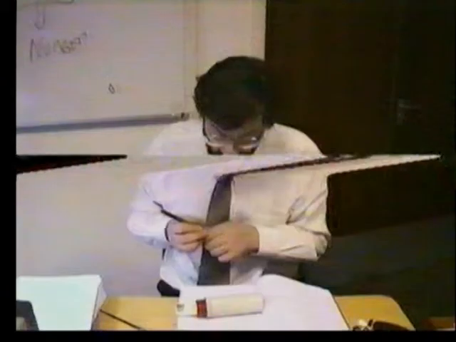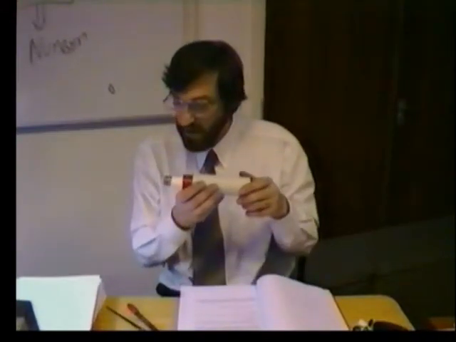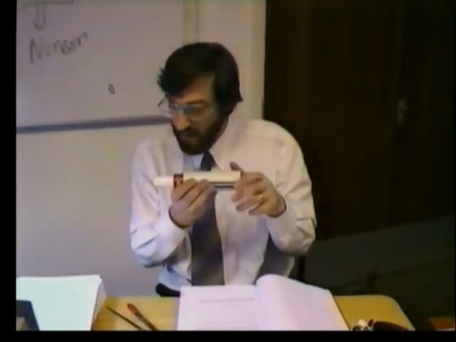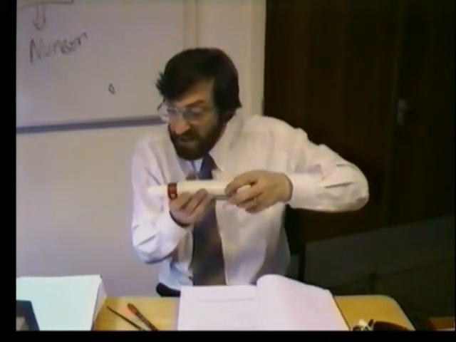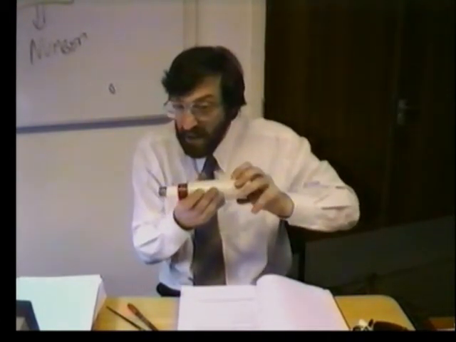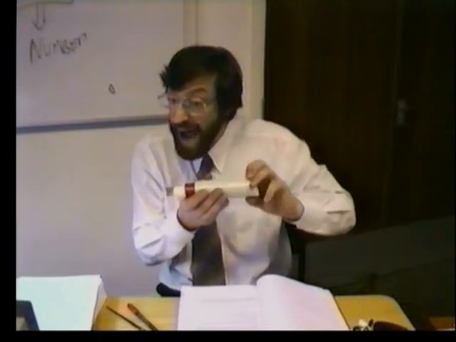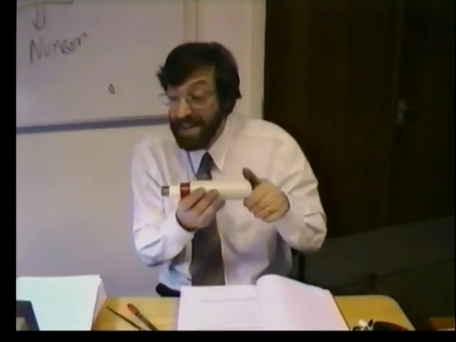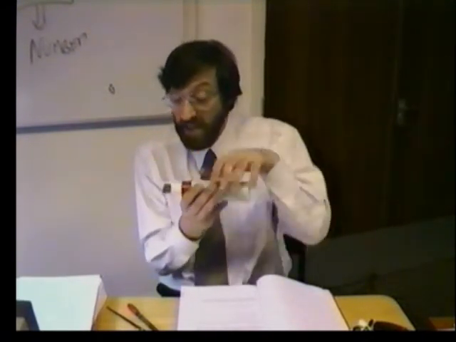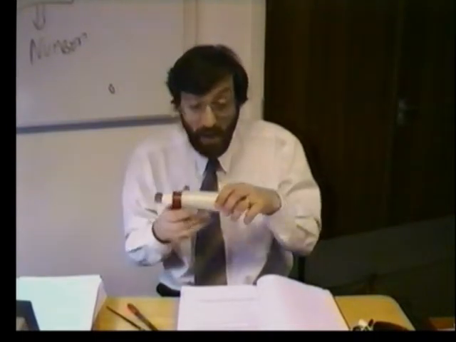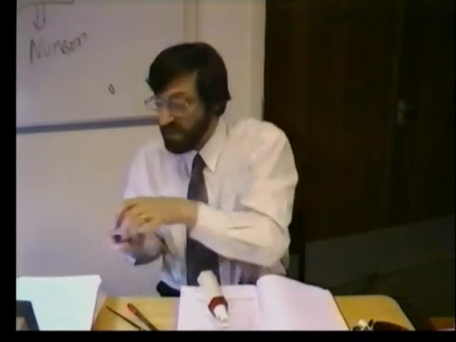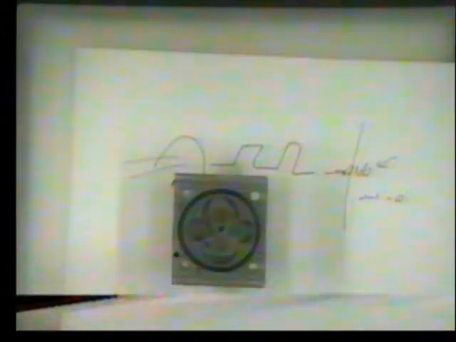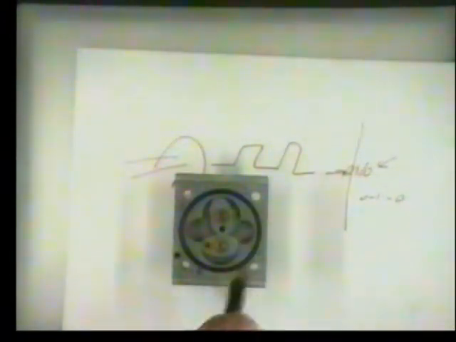But there's a difficulty with this. What happens if I rotate that way once, but then I reverse and rotate back? Well, in fact, we've gone nowhere at all. But how do we know the difference? We've got no idea, because we have a single sensor. It was okay in this transducer, because we know that things only rotate in one direction.